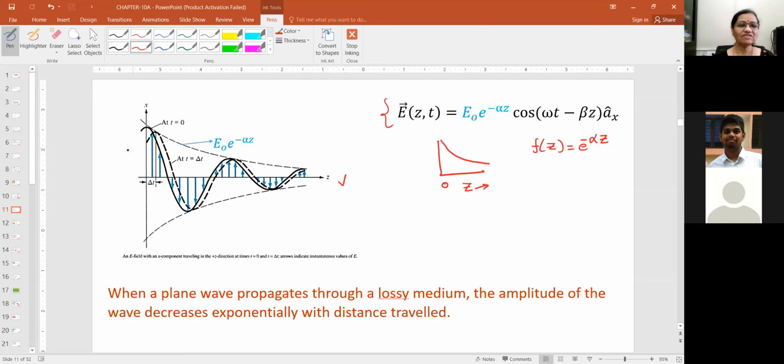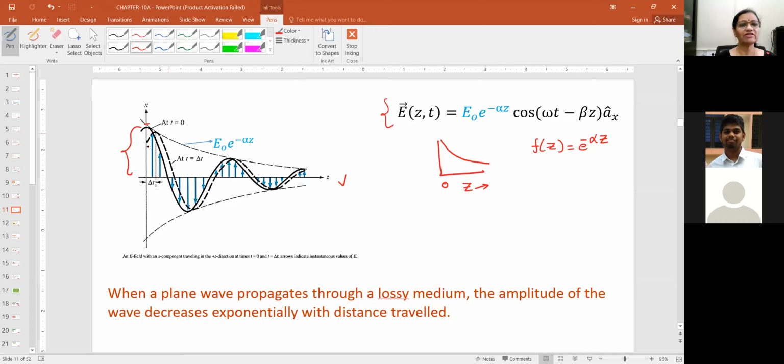That means a wave is entering into a lossy medium. Let us say that initially it is having an electric field of this value, at z equal to 0.